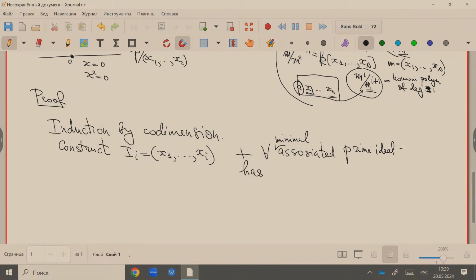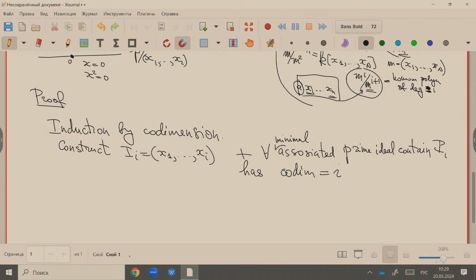So a prime ideal containing I has codimension exactly i. It doesn't have larger codimension.